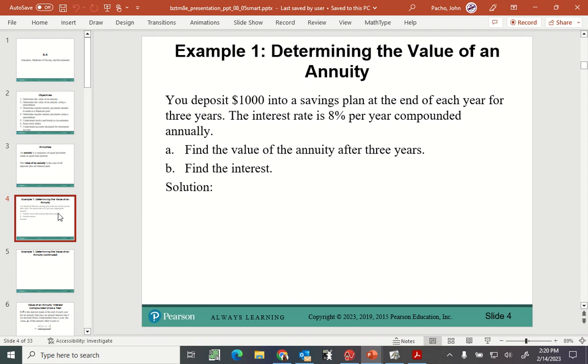How often do I make this payment? Every year, for 3 years. If it's once a year for 3 years, how many payments do I make? 3. So on your paper, next to example 1, you're going to put N equals 3.